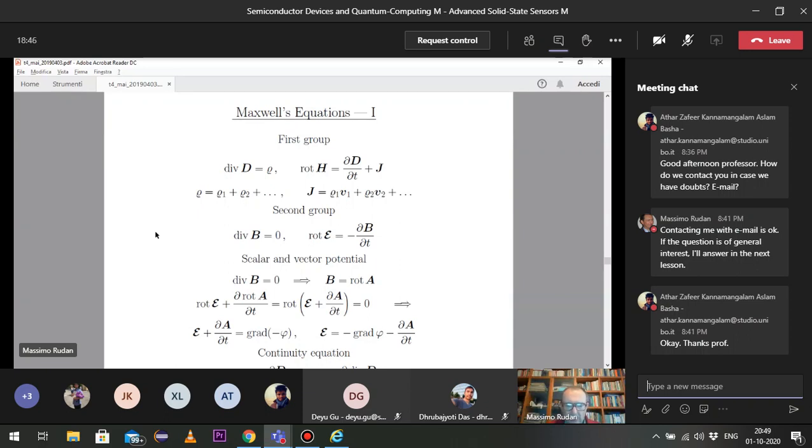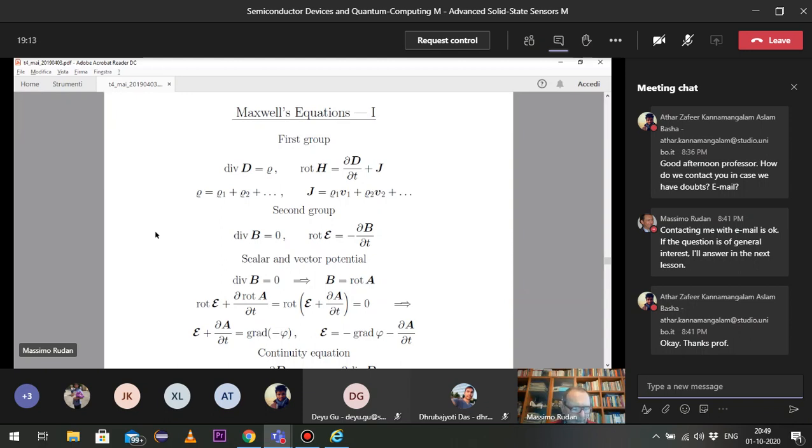So you have a vector, the vector within parentheses, whose rotational is 0. And you also remember from calculus that if a vector has 0 rotational, then this vector can be expressed as a gradient of a scalar function that we conventionally call minus phi.